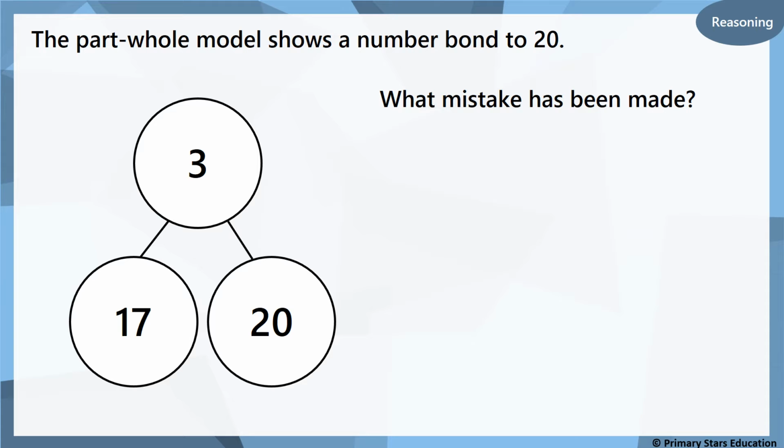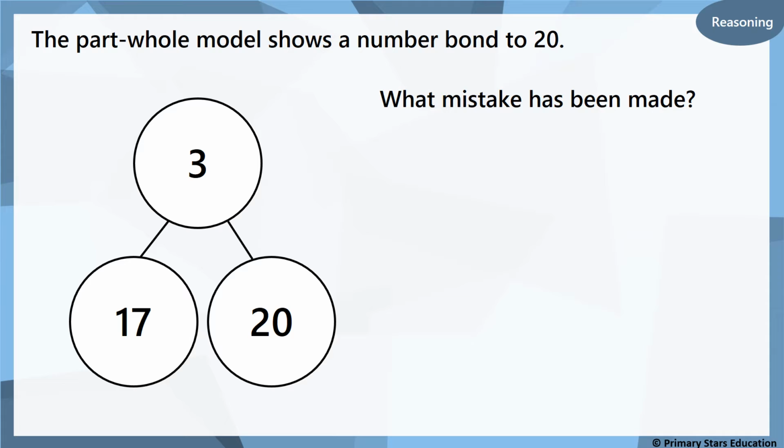Okay, well done if you have said that 20 should be at the top because it's the whole, and then the whole has two lines coming from it, which tells us that those two numbers add together to make the one at the top.